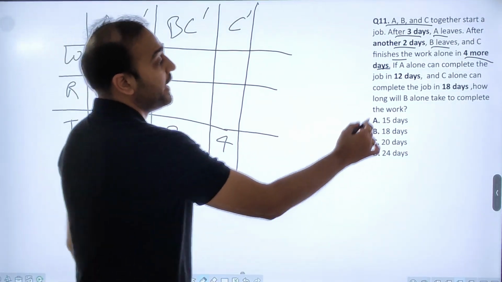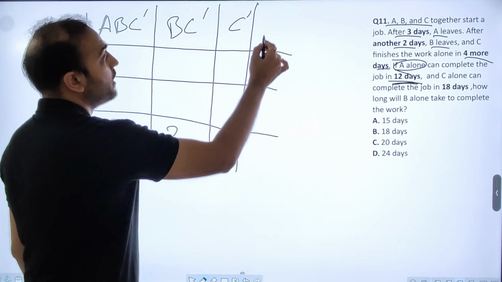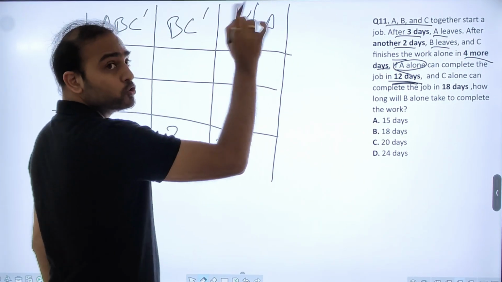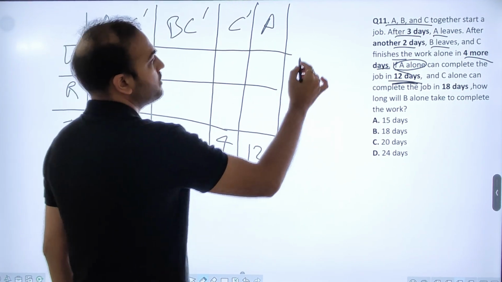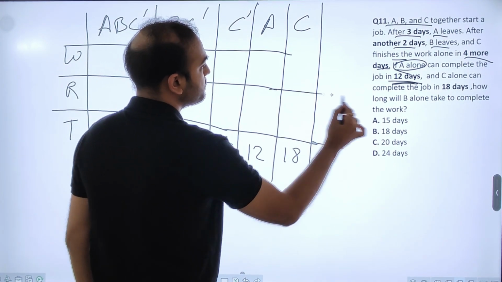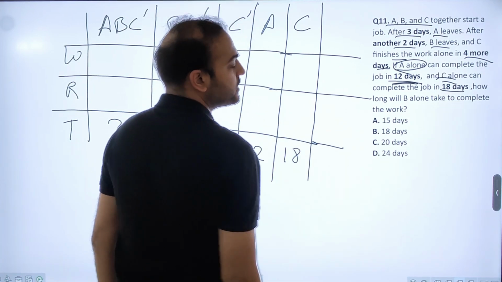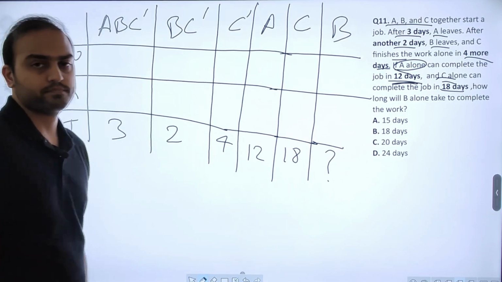I also know A alone completes the whole work in 12 days. A alone completes the whole work, that is why no dash. C alone completes the whole work in 18 days. Question is, how long will B alone take to do the whole work?